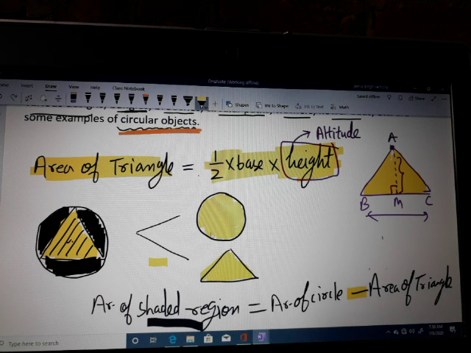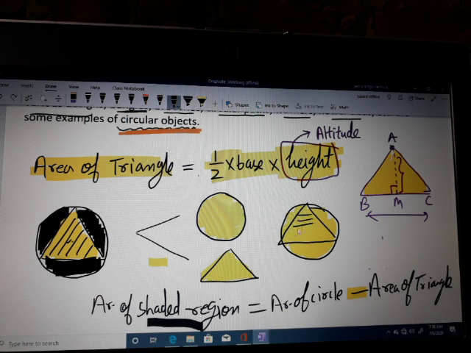Understand? Area of circle complete. If you subtract from this, again I want to explain to you, this is the complete circle. You have found the area of this complete circle. If you subtract the triangle from the area of the circle, meaning inside this triangle if you subtract these regions, what will you get?